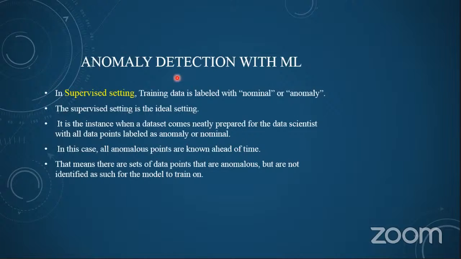In the supervised settings, we have some data, and in that data we have labels as nominal as well as anomaly. So it's labeled data we are giving in this supervised setting. Whenever a person creates that data, he knows what is anomaly and what is nominal.